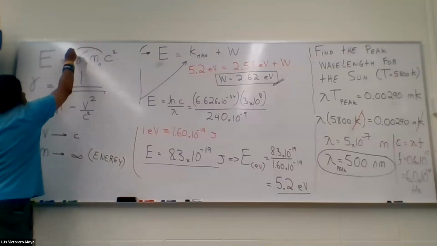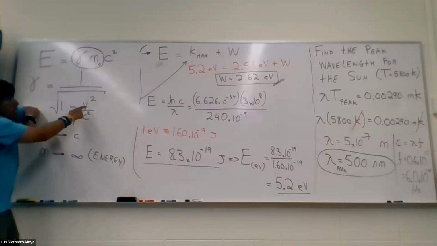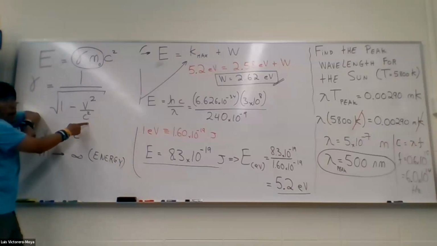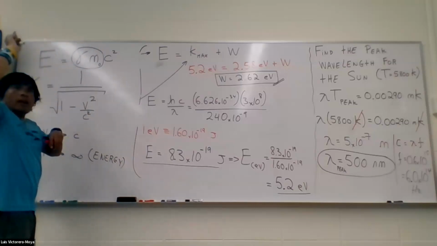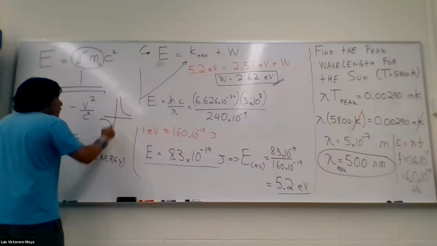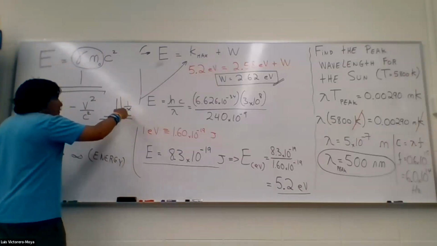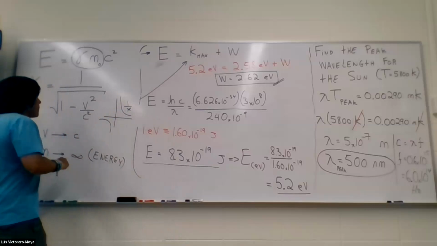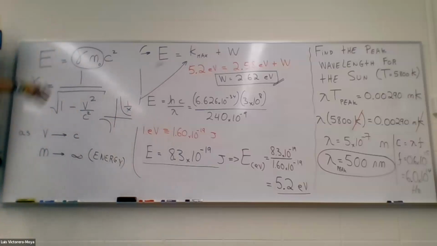It's gamma times the mass. Think about it, right? If v approaches the speed of light, c squared over c squared is 1. 1 minus 1, 1 over 0. The limit is infinity. Remember, this is a graph of 1 over x. When x approaches infinity, right? So that's what happens. The mass increases.